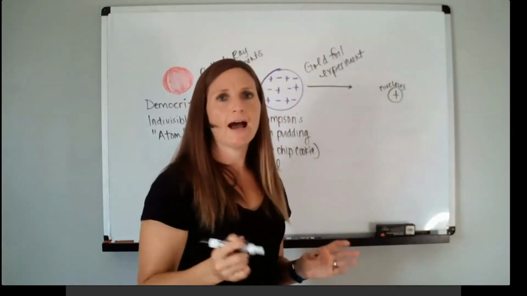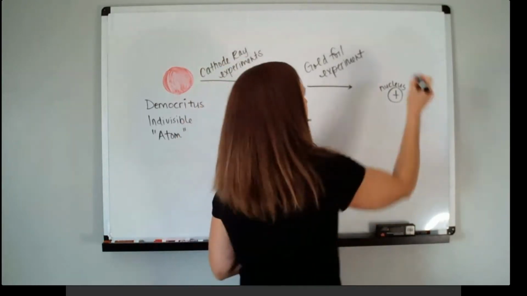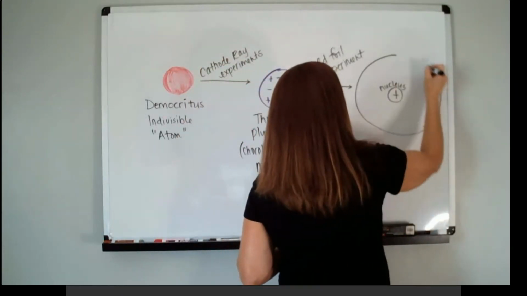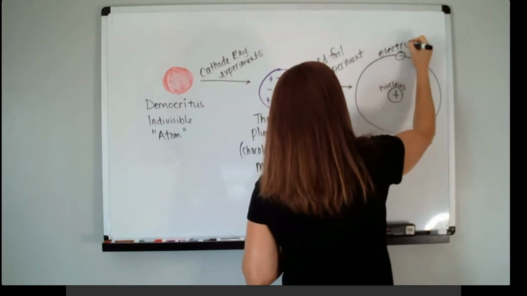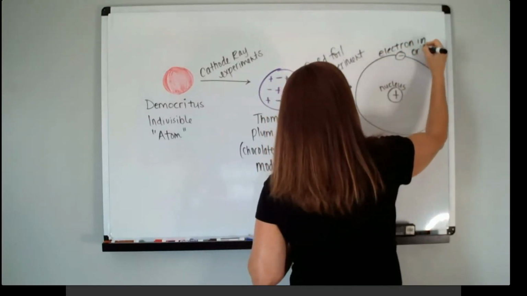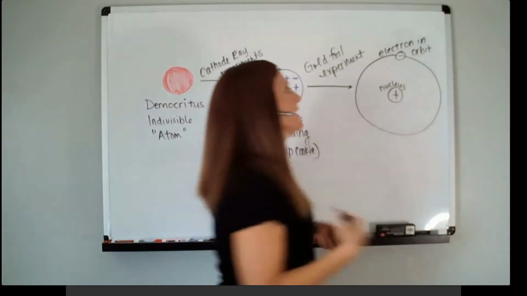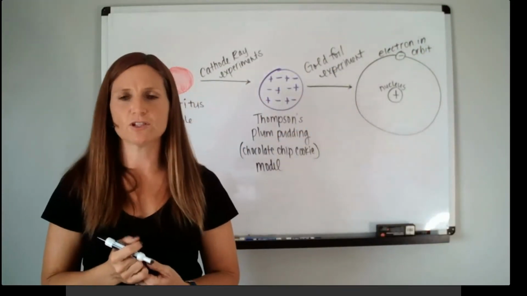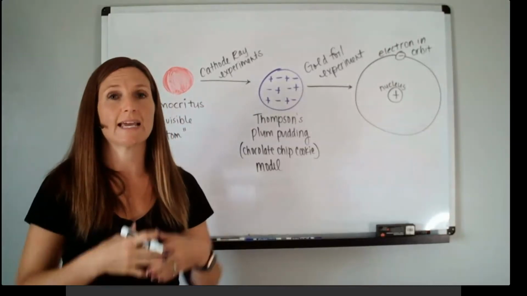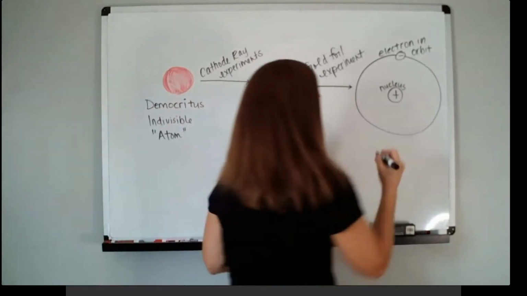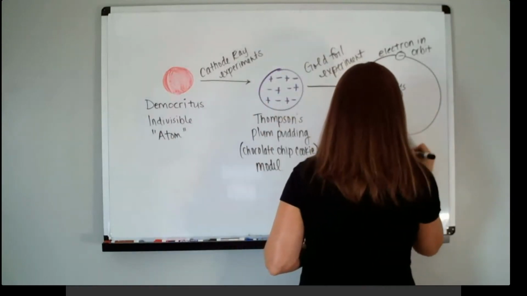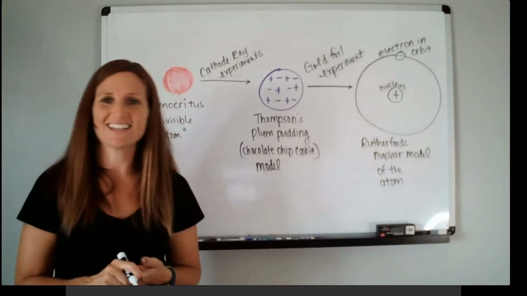And then we're going to have an electron cloud. And the way that Rutherford described it, these would be electrons kind of in orbit around the outside. And so this is Rutherford's clear model that has the nucleus on the inside.